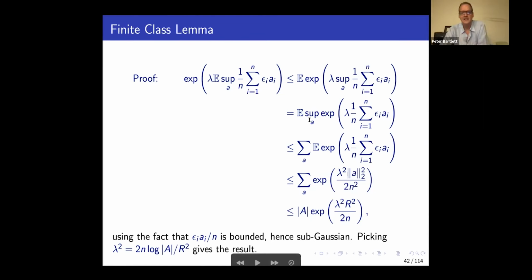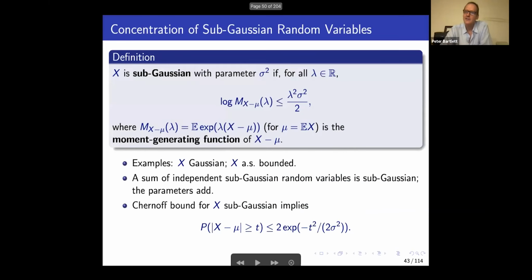So this slide gives a complete proof of that inequality up to bounding a moment generating function in terms of this exponential. So let's take a look at that, and that relies on the sub-Gaussian property of the relevant random variables. Okay, so let's do a little detour into sub-Gaussian random variables.